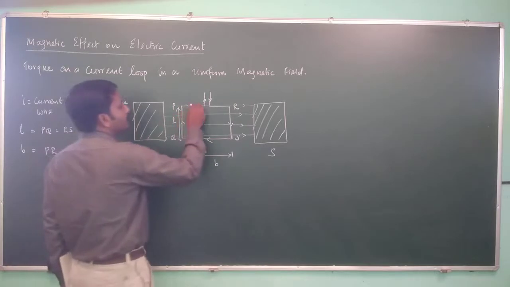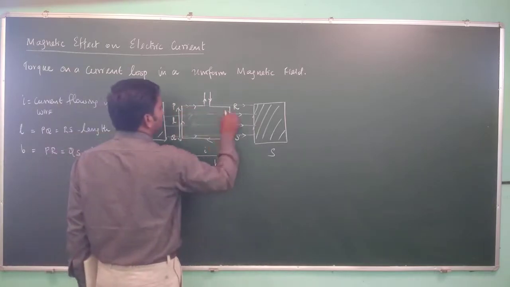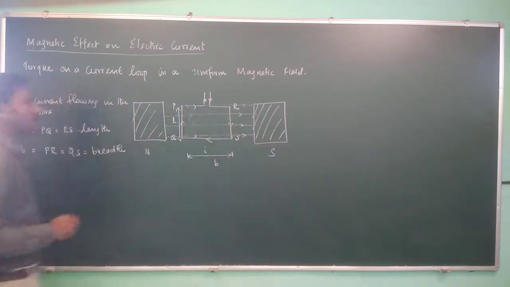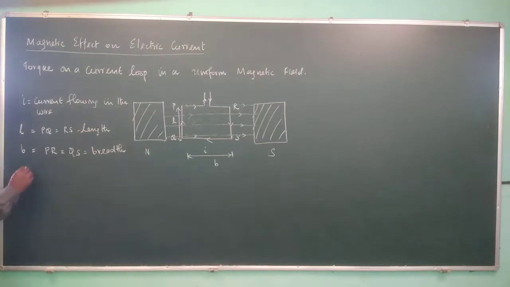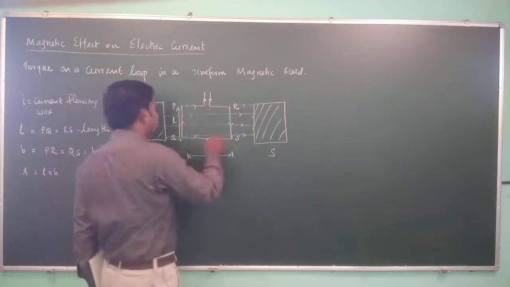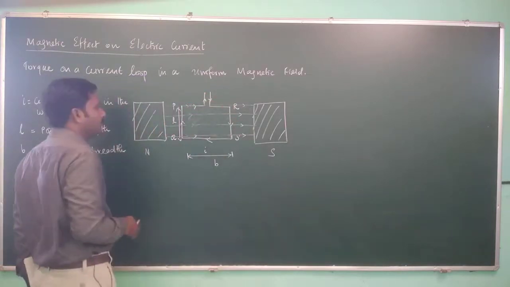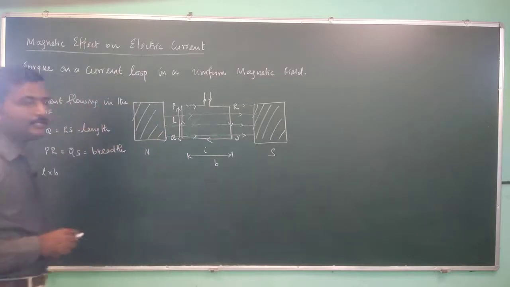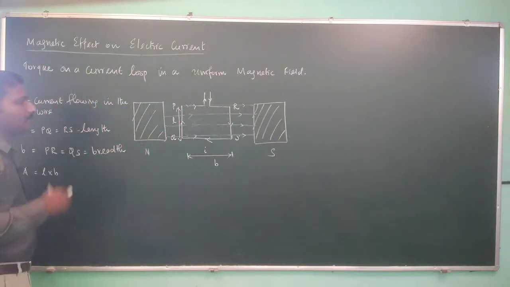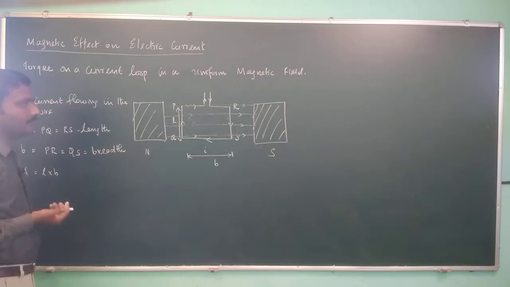And for this coil, the area of this rectangle is nothing but length times breadth. Now, this current carrying coil is placed within the environment of a magnetic field, so it will experience a force due to the magnetic field lines.